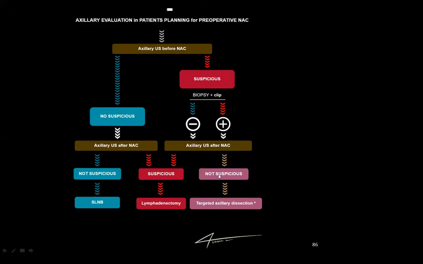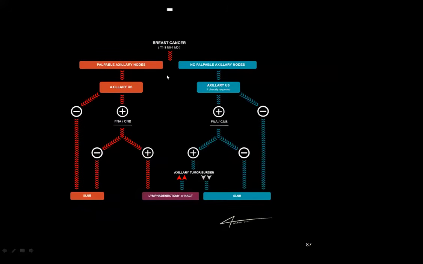Not suspicious, even then go for axillary dissection. If it is an early lesion, palpable axillary node, axillary ultrasound negative, do sentinel lymph node biopsy. Axillary ultrasound, do FNAC. If negative, go for sentinel lymph node biopsy. But if axillary is positive, go for lymphadenectomy.